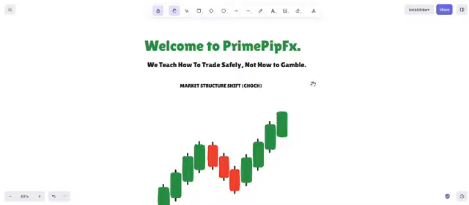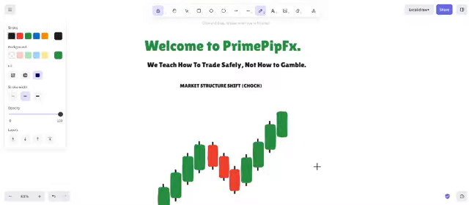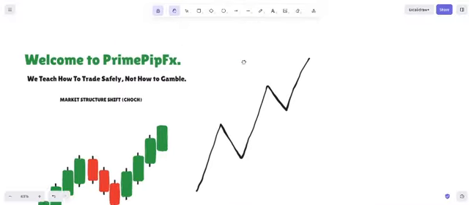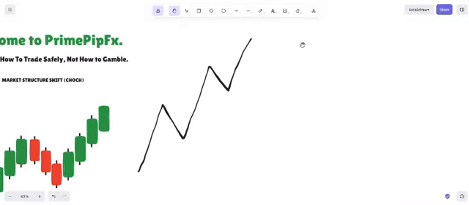As you know, we have started our series from very basic to advanced. So today our topic is market structure shift, which is known as change of character (CHOCH). In last classes, we learned that market moves in an impulse, makes a retracement, and then impulse, again retracement and impulse. And market keeps moving in this way.